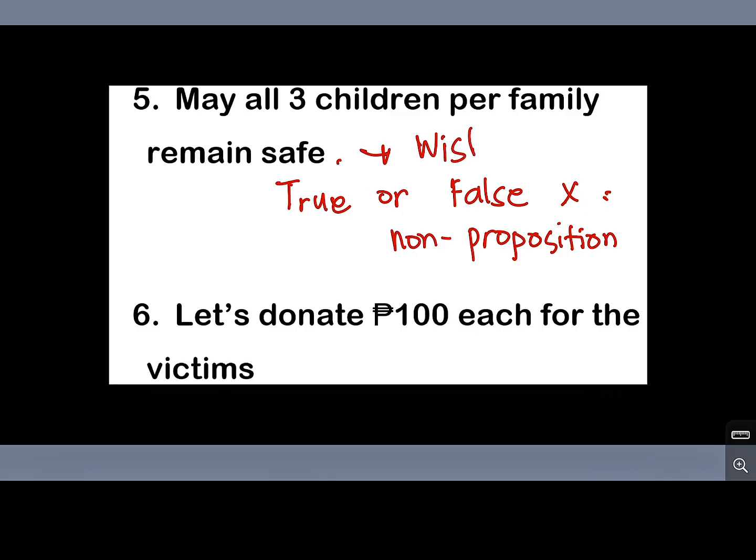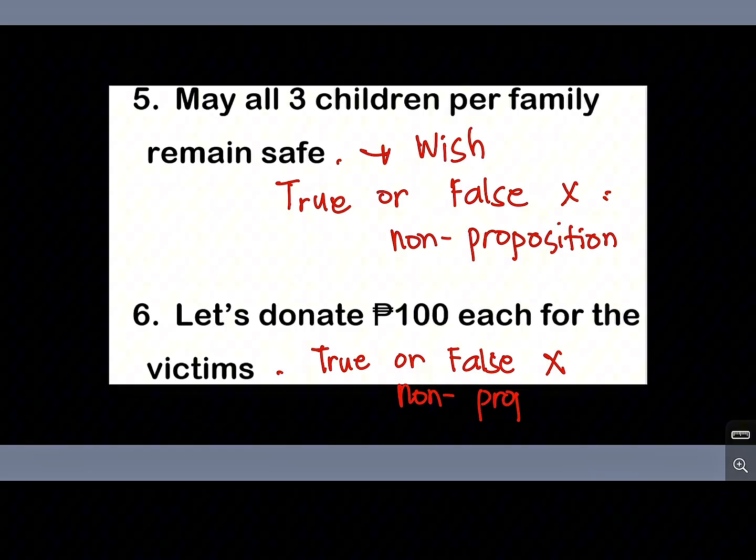Here, we ask if this is a true or false statement. If not, then it is a non-proposition. Let's donate 100 pesos each for the victims is a command. Then it is a non-proposition.